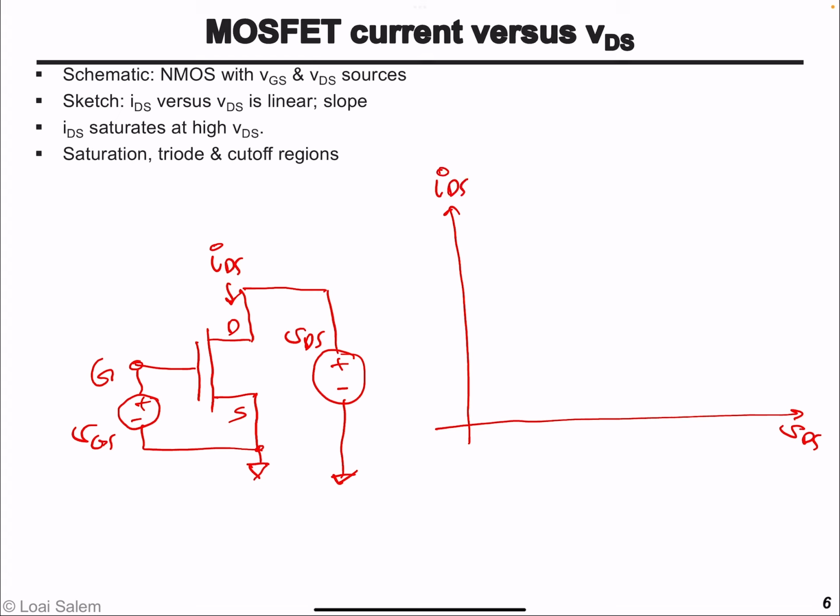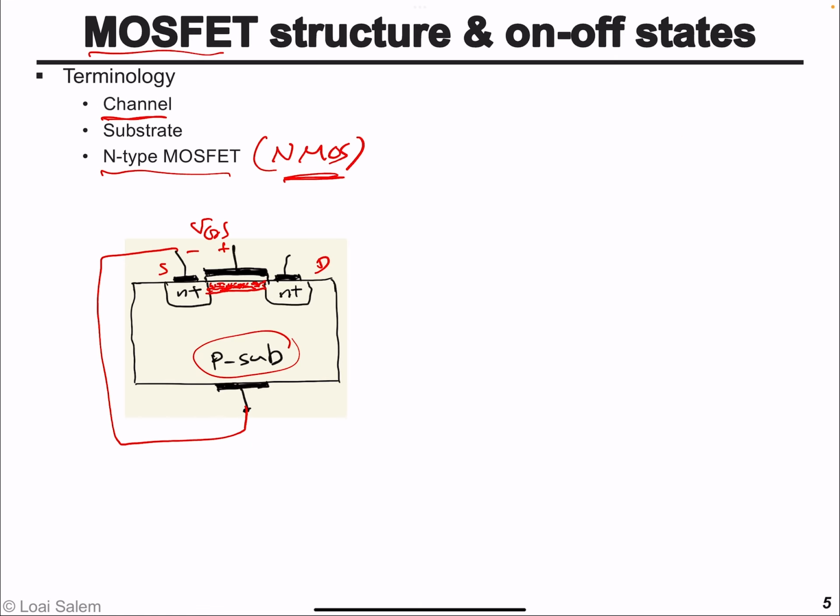And what happens as we increase the drain to source voltage? Here we are assuming the gate to source voltage is larger than the threshold voltage. So the transistor is on and there is a conducting channel that connects the drain to the source. But we mentioned that this conducting channel has a finite equivalent on resistance, we call it R on.